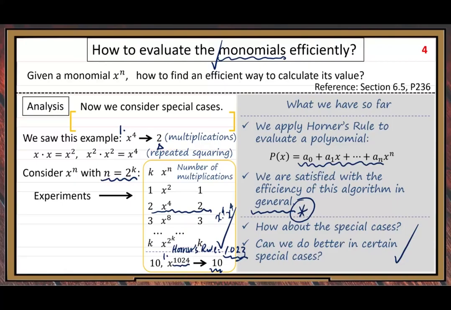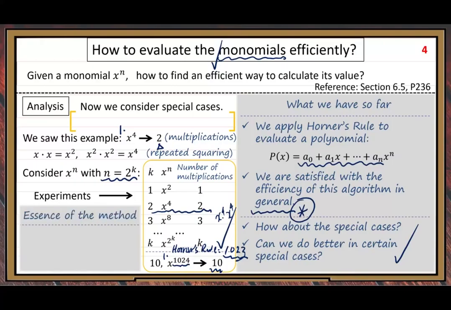If you have a chance to take advantage of the structure, then you should do something different than Horner's rule. Only when you cannot take advantage of any structure information, then Horner's rule gives you the best answer you can get, right?